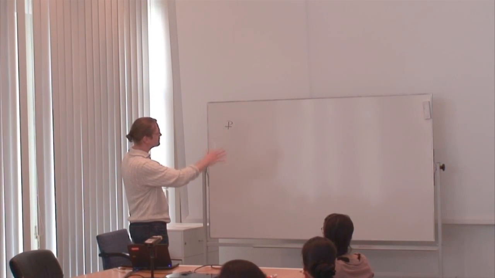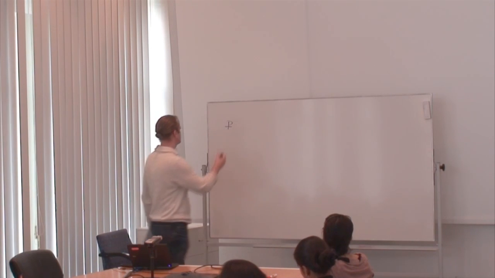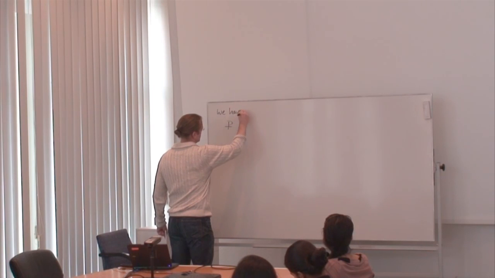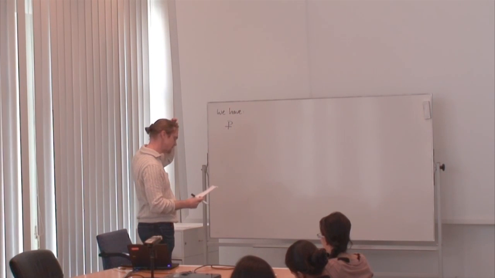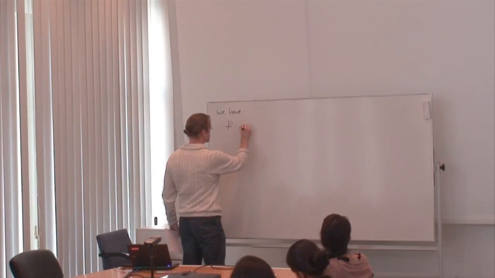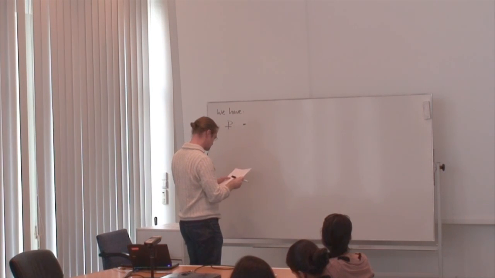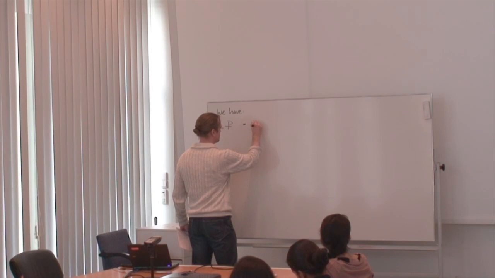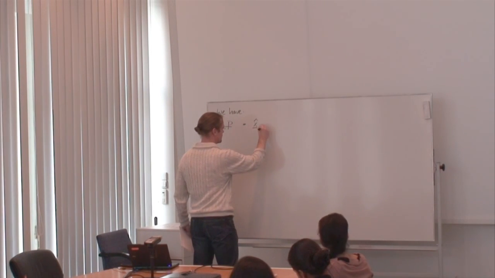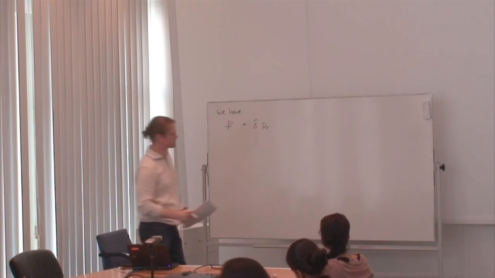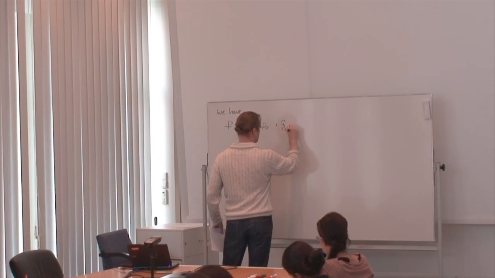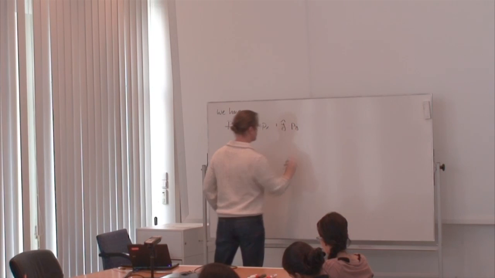And given that picture that just disappeared, we have that this point P can be expressed as the vector x hat times the px coordinate plus the vector y hat times the py coordinate.